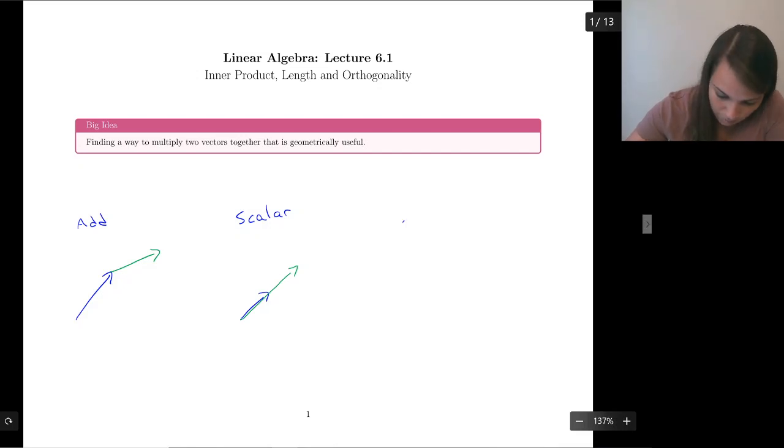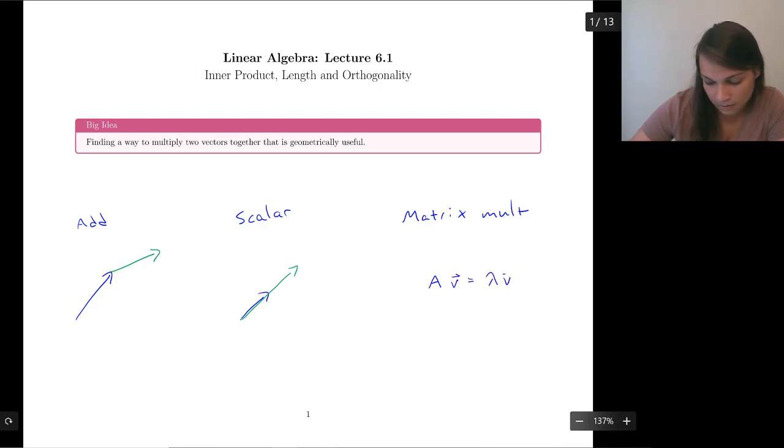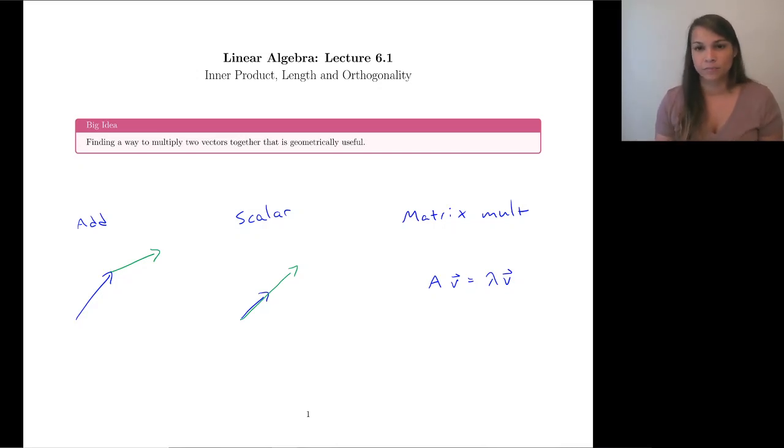And then even matrix multiplication can have a geometric interpretation, because when you have the eigenvalue problem, A is acting like a scalar. It scales V. So these all have nice geometric meanings. What about for vector times vector? Can we do that?